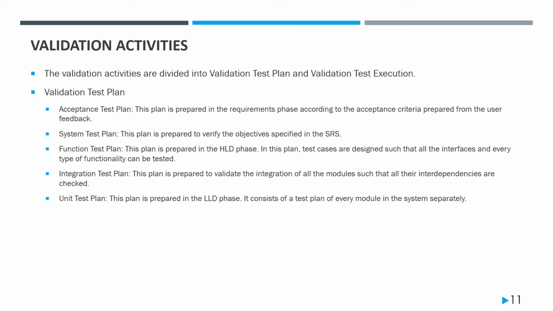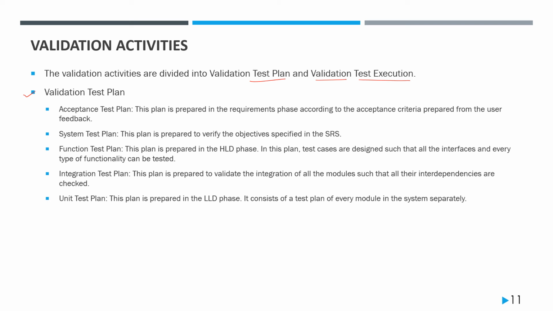There are varieties of validation activities. Validation activities are mainly divided into test plan and validation test execution. The first thing is validation of the test plan. It starts as soon as the first output of the SDLC, that is the SRS, is prepared. In every phase, the tester performs two parallel activities: verification at that particular phase and the corresponding validation test plan.